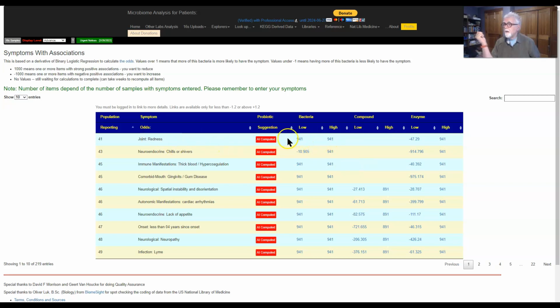We do find, oh, this is interesting, that the low number is a positive number, usually a negative. And what that means is that joint redness is associated with high bacteria counts, and only high bacteria counts. In other words, the only way you can deal with it is to reduce the bacteria.